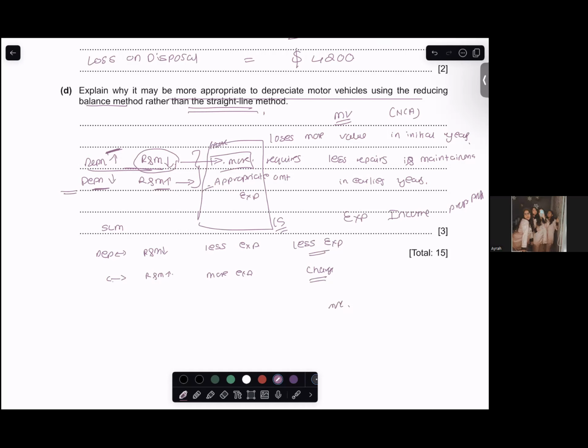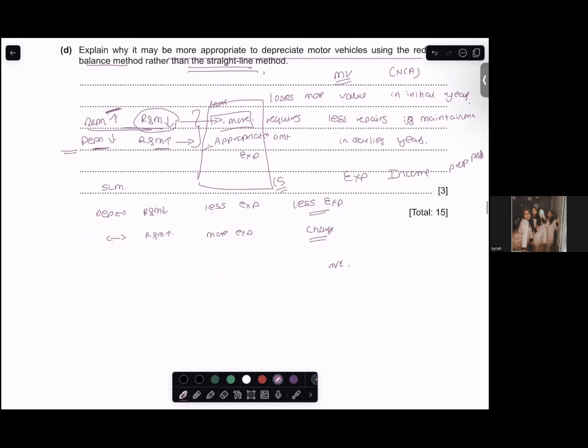Now tell me, what will you write? You say that the reducing balance method is more appropriate because it charges a proper amount during the initial years and in the future years, as depreciation is high in the initial years and lower in the future.